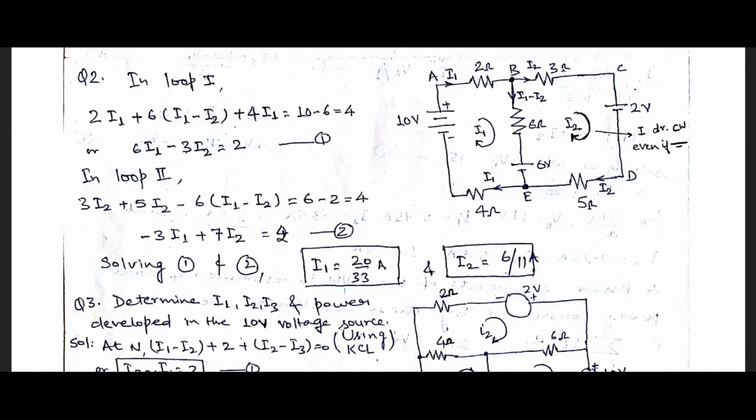If we are having confusion, then follow this; if there is no confusion, follow it similarly. Here there were two loops, two equations, two unknowns. We will solve equations 1 and 2 to get the desired values of current.